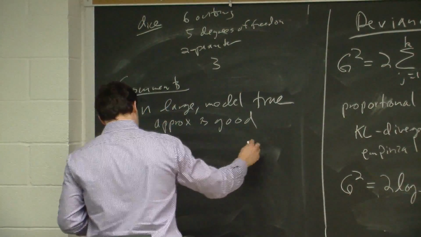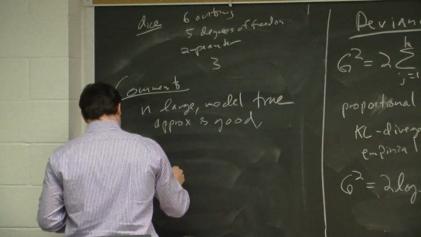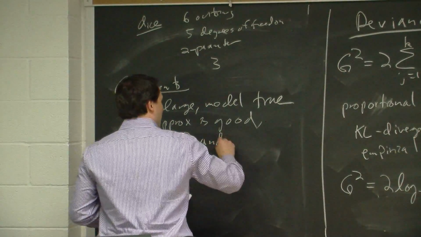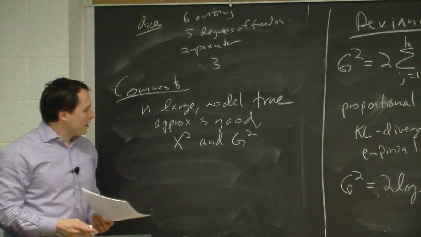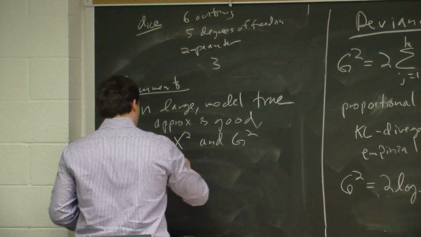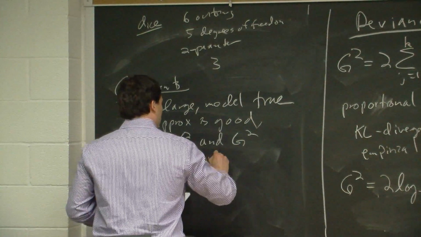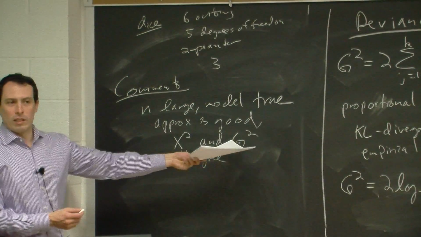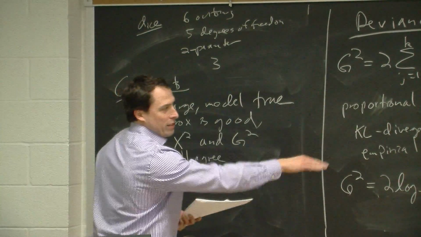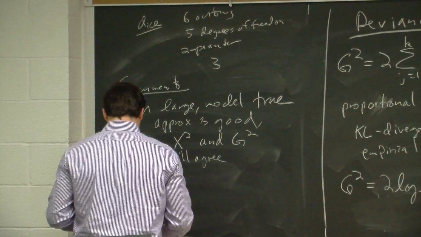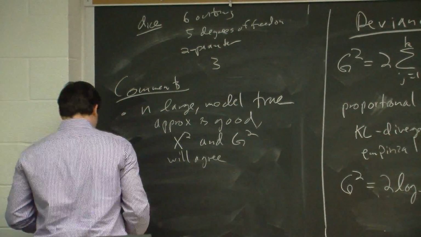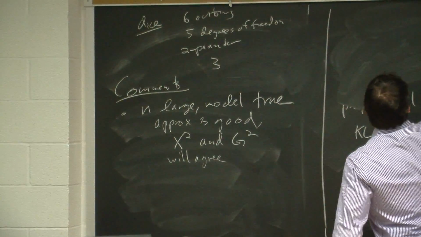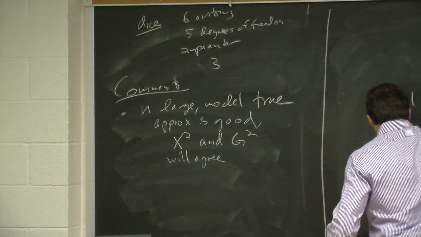The approximation is good. And the Pearson test and deviance test should agree. So if I go to the limit of large n, then these 2 things will converge. Both converge to the appropriate chi-squared distribution. We have, of course, rules of thumb about what large is.